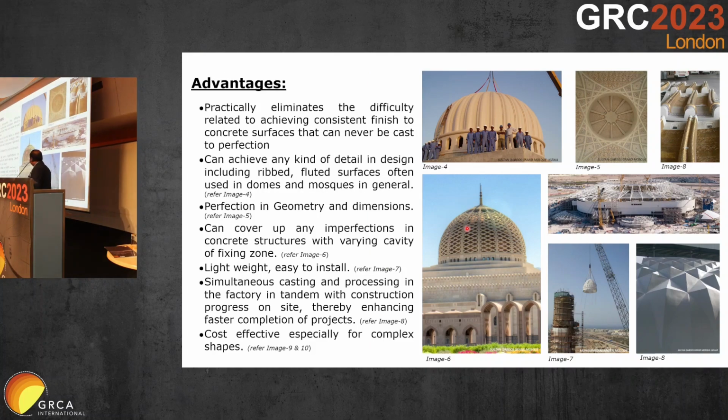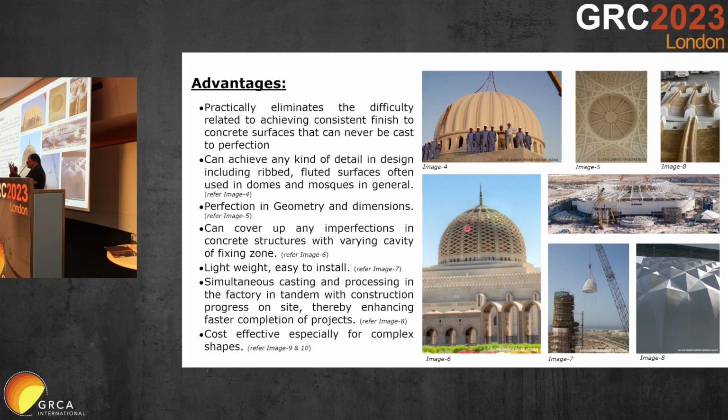These are the advantages of doing this. Of course, the main thing is it practically eliminates the issues with the concrete, because casting a dome in concrete is not that easy.